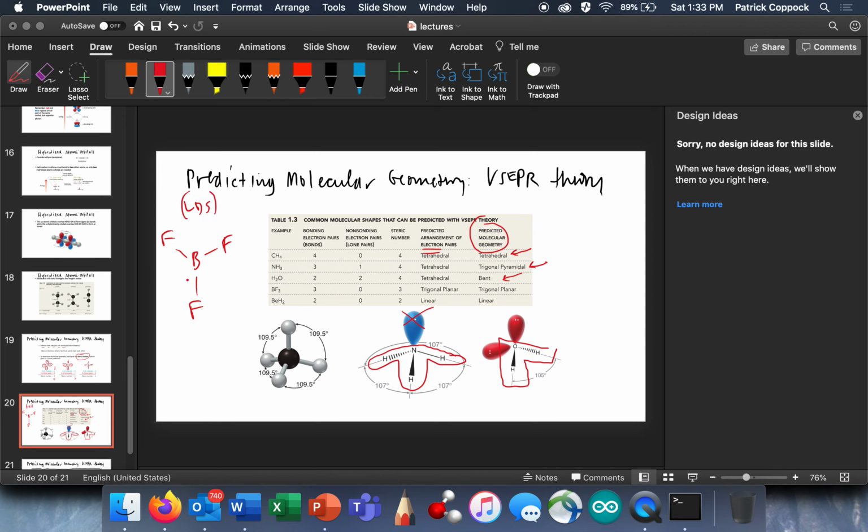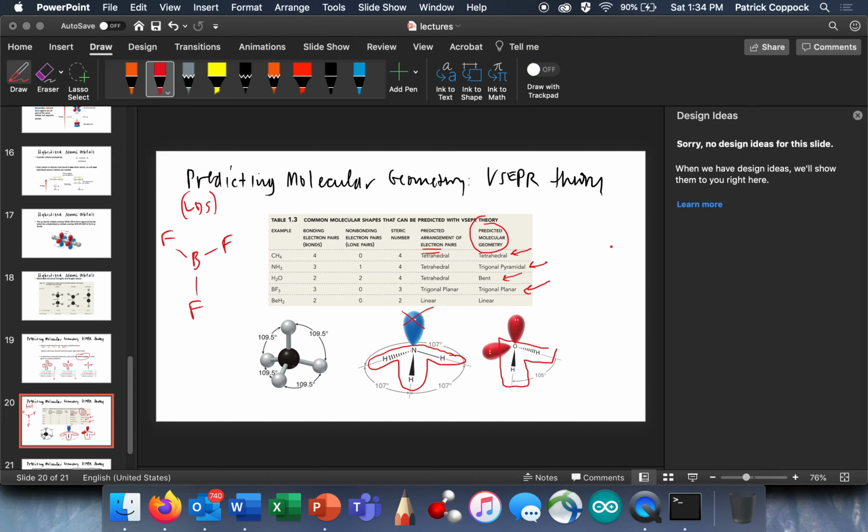That might be something you want to go back and review. So my steric number for BF3 is 3, right? There are no lone pairs of electrons, and so it's trigonal planar, okay?